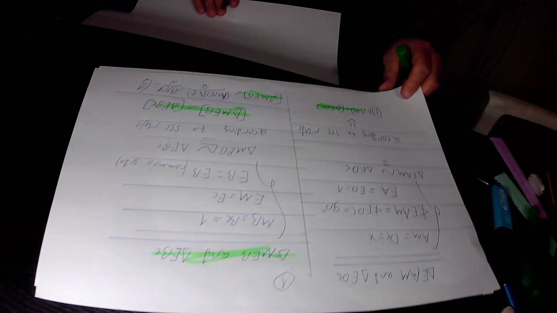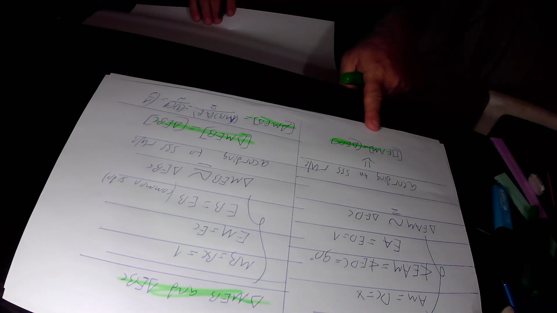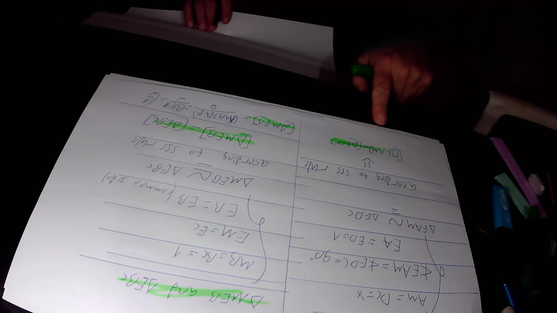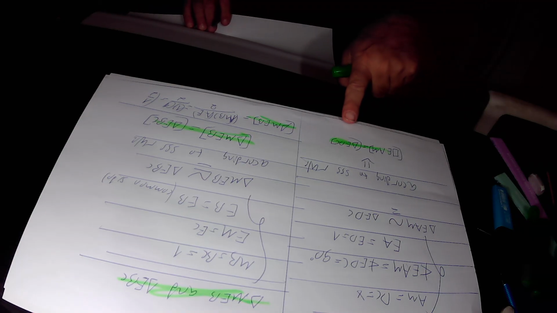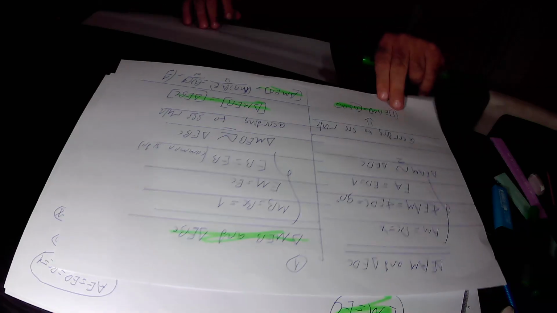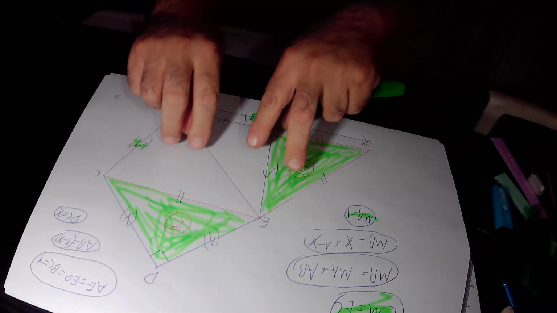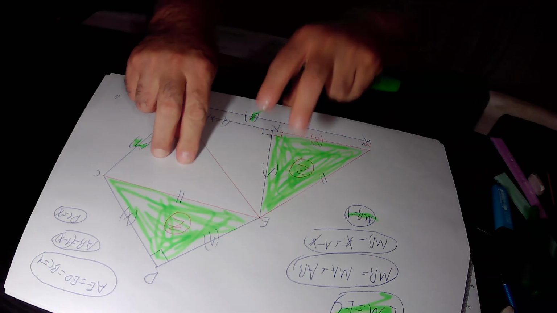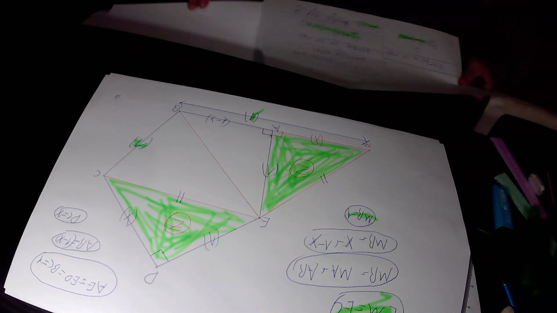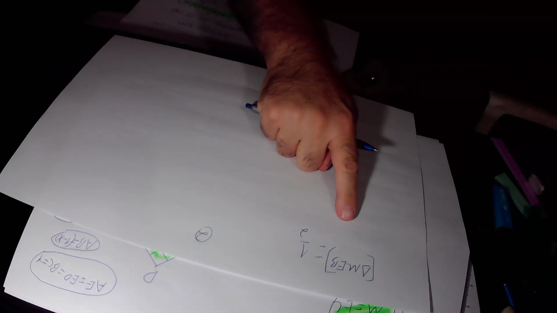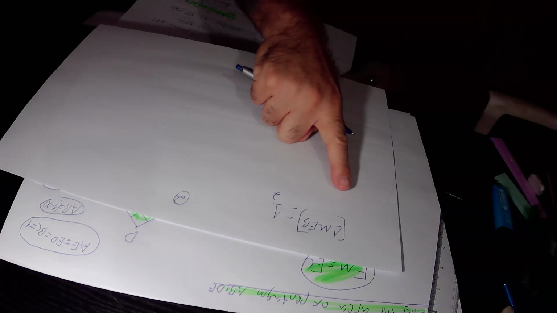But we already found out that the area of triangle EAM is equal to the area of triangle EDC. Found out that because of the fact that those two triangles can go into each other, they have also the same areas. So I can write down here that the area of triangle MEB is equal to the area of triangle EDC.